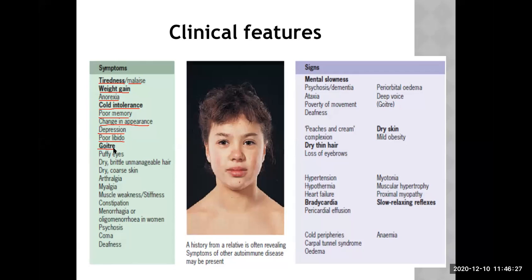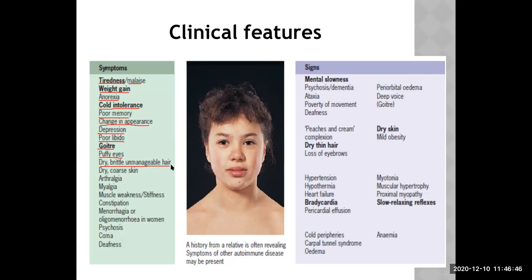Goiter is a common feature of hypothyroidism. This is mainly because of iodine deficiency, and also in Hashimoto's thyroiditis there is swelling of the thyroid gland. Puffy eyes, just now talked about. Dry, brittle, and unmanageable hair, an important feature.